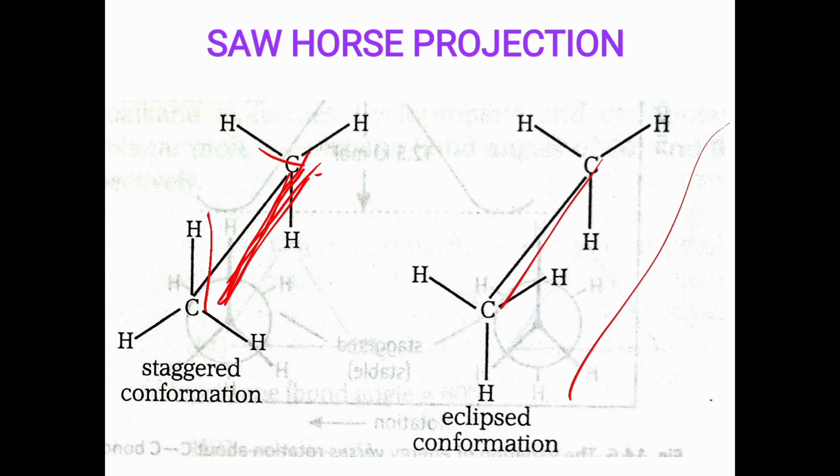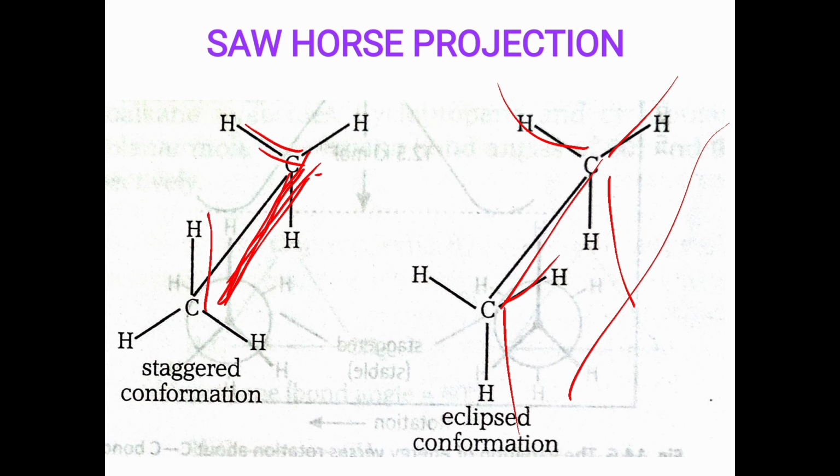As a result, you see this hydrogen and this hydrogen become parallel, and the others also parallel. If I look from the top carbon to the bottom carbon, then one hydrogen will be overlapped by another hydrogen.